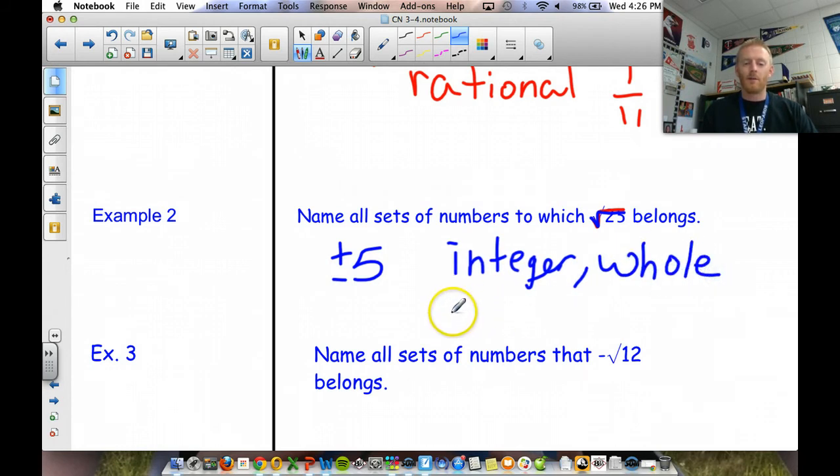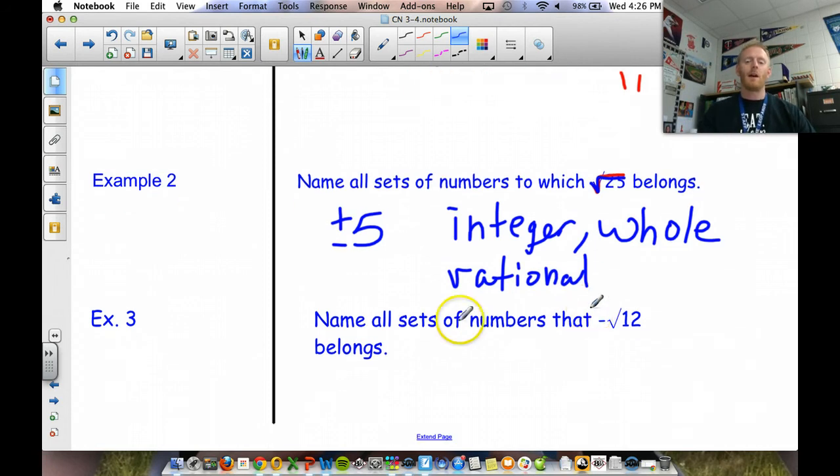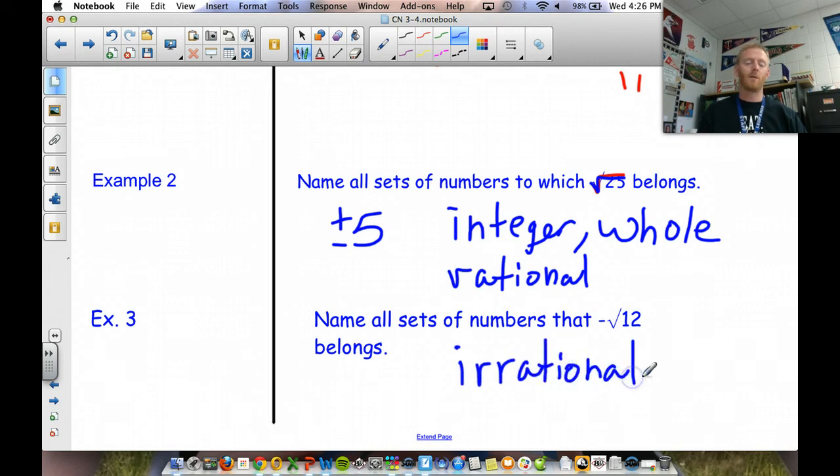And it is falling into the category of a rational number as well. So it's important that we have that for ourselves. Now, the square root of 12 isn't very nice, and it's negative, so this is just an irrational number. So that's important for us to be able to distinguish the difference between them. If it was a nice square root, kind of like the 25 was, we'd be able to do more with it.